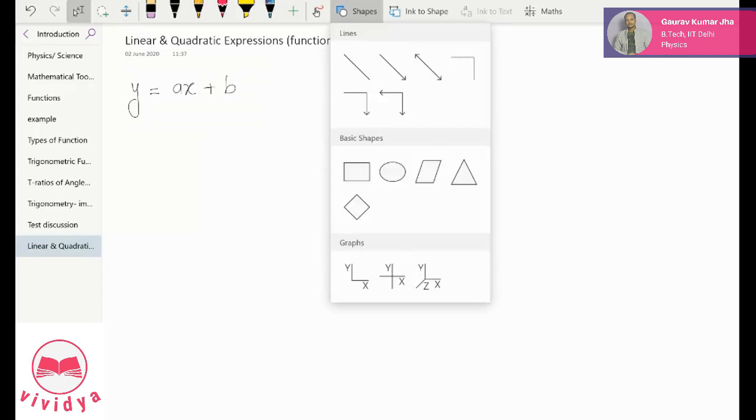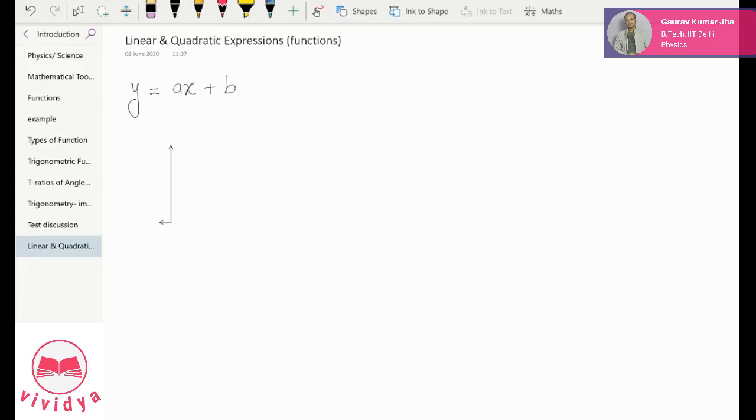That's a speciality of the linear function. If you are able to recall, it's fine. If on one axis I have x and on the other axis I have y, it will look like a straight line, right?